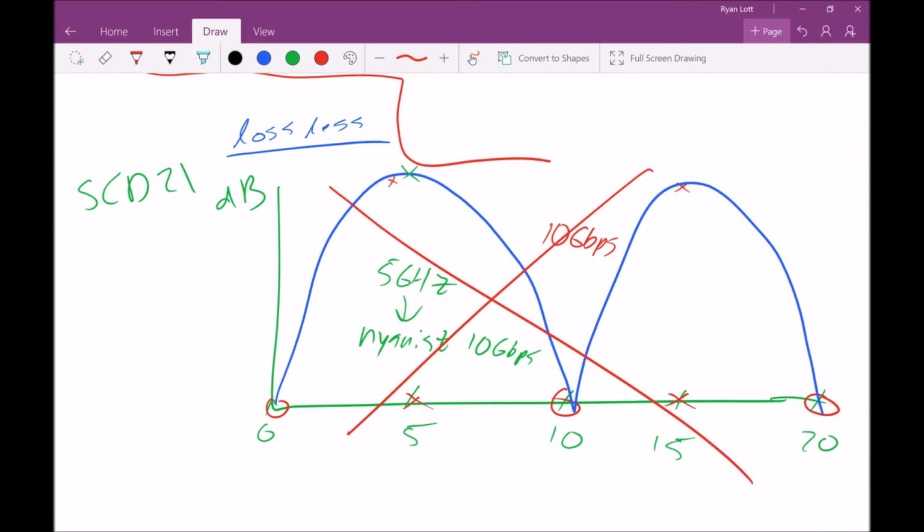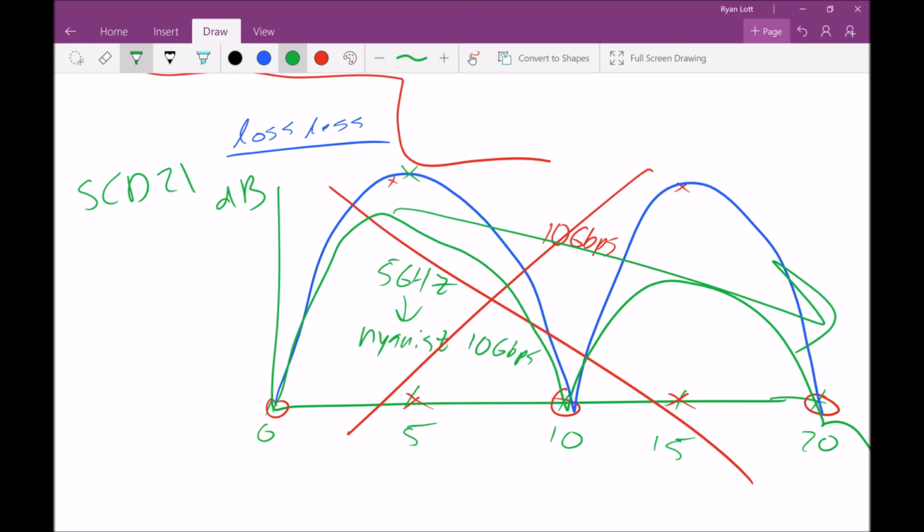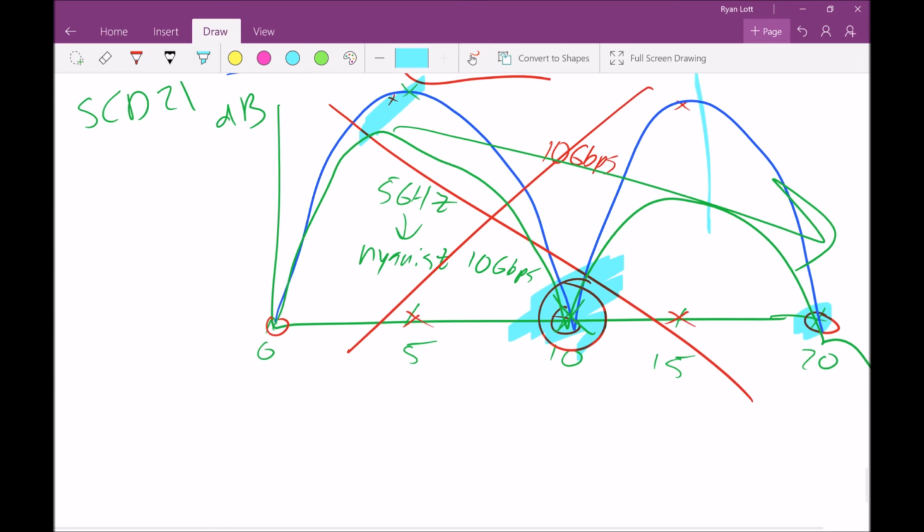Now, whenever you plot SCD21 in a lossy situation, you're not going to see the blue here. You're going to see maybe something more like this, but in the same fashion that we saw above. But you'll notice that the nulls and the peaks and the areas of these aren't going to be changing very much. So that's the secret.